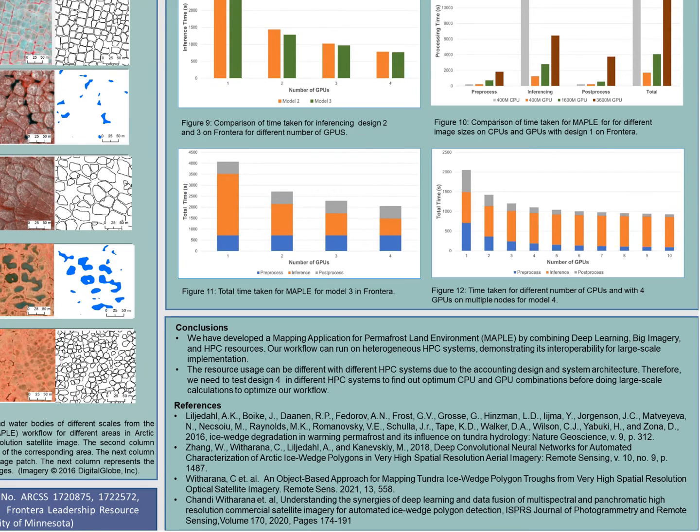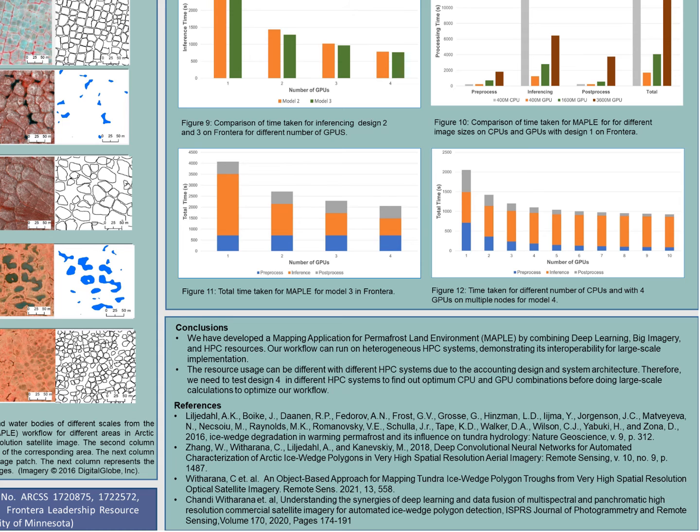In conclusion, we have developed a mapping application for permafrost land environments, MAPLE, by combining deep learning and big imagery as well as HPC resources. Our workflow can run on heterogeneous HPC systems, demonstrating its interoperability for large-scale implementations.